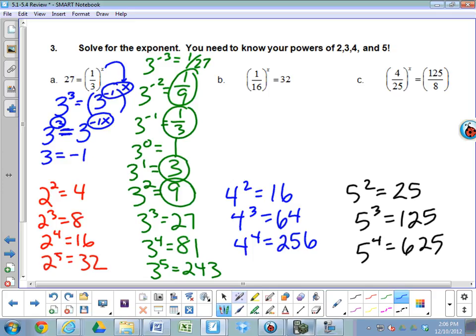They're equal. And when you divide both sides by -1, you get x equals -3. Check your work. Type in 1/3 to the -3. If it says 27, you did it right.